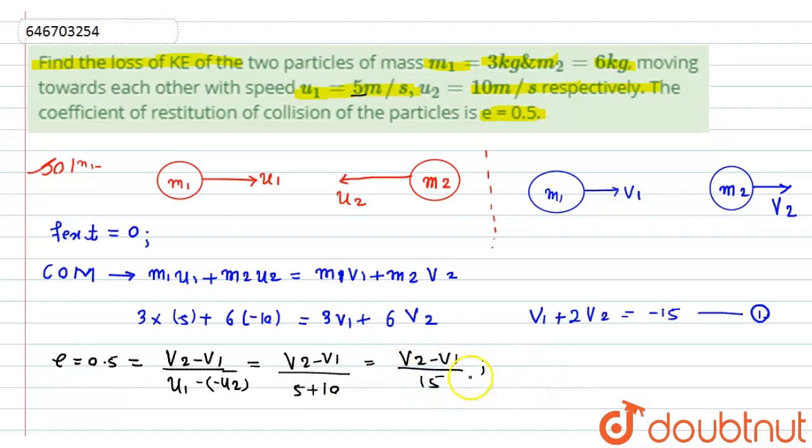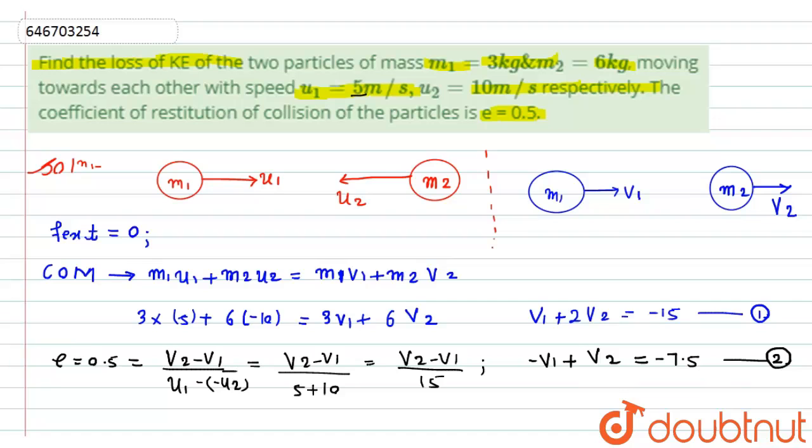On solving, as the coefficient of restitution is 0.5, the 15 multiplies with this, so minus v1 plus v2 equals 7.5. Let this be equation number 2.